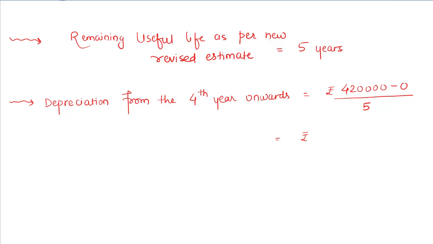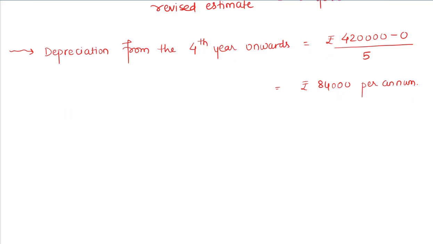Solve it: 4 lakh 20,000 divided by 5 equals 84,000 per annum. Let us continue.